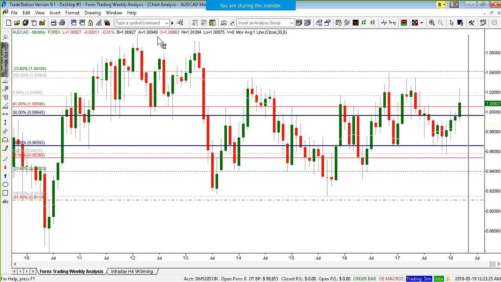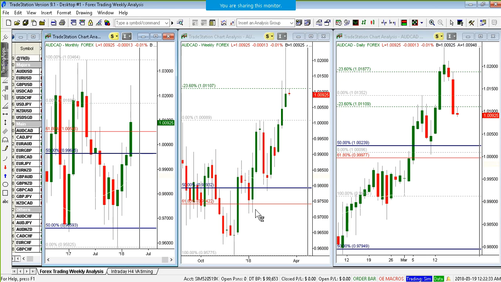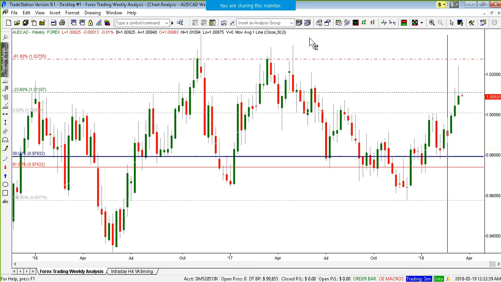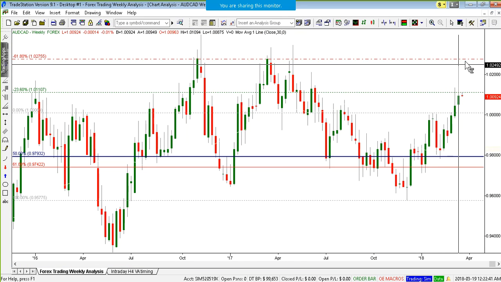Okay, so Australian dollar, Canadian dollar, a lateral move here, support on the 96.60 area in the daily. On the weekly, we identified 50% long. First target was reached, second target was not reached.